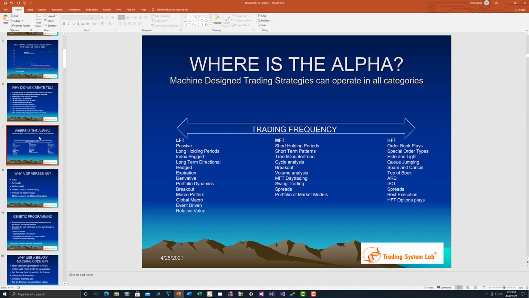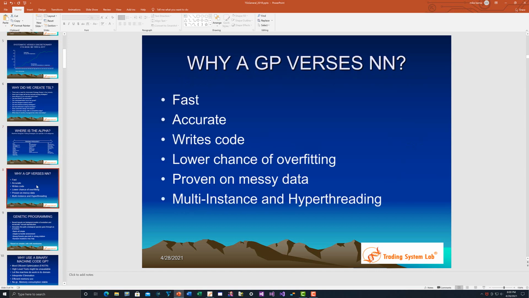After more prototyping, it became very clear that it could operate in almost any trading frequency, from low frequency models all the way up to high frequency models, depending upon your execution platform. Obviously, retail platforms can't operate at this level, and high level platforms don't spend as much time in the lower frequency because those are well covered by retail platforms.